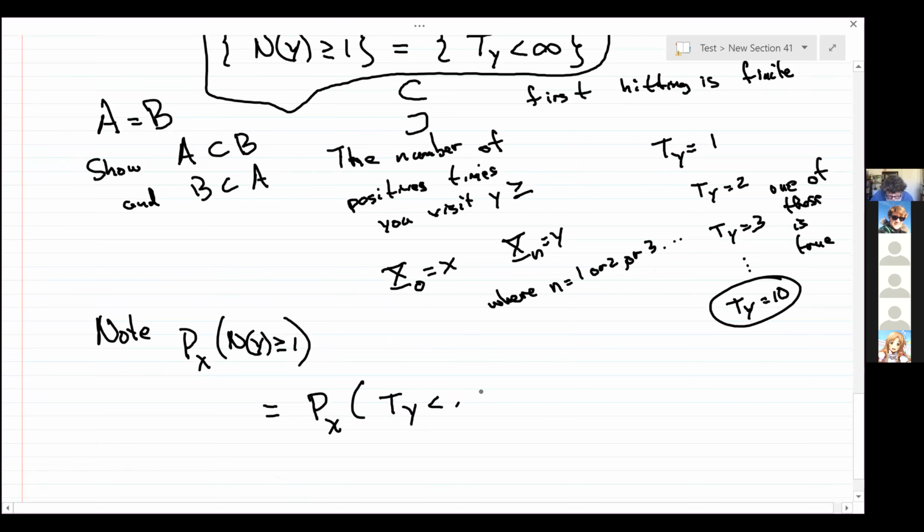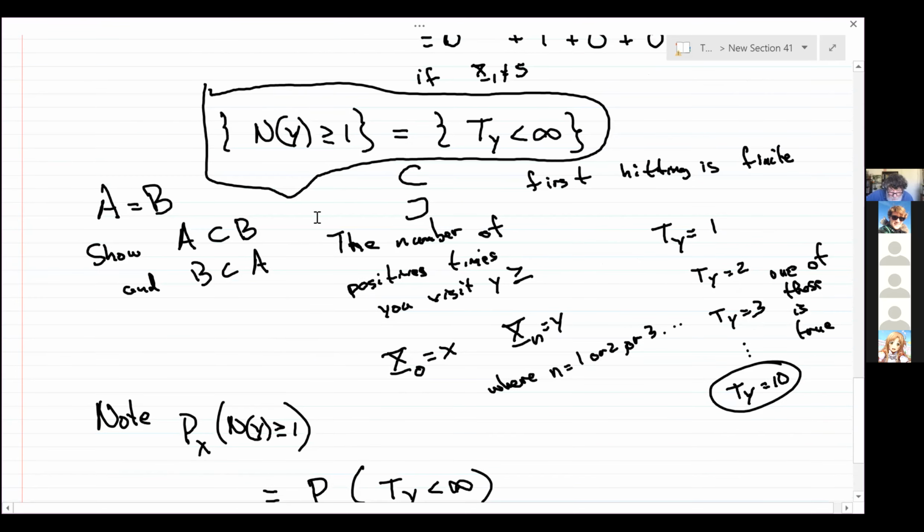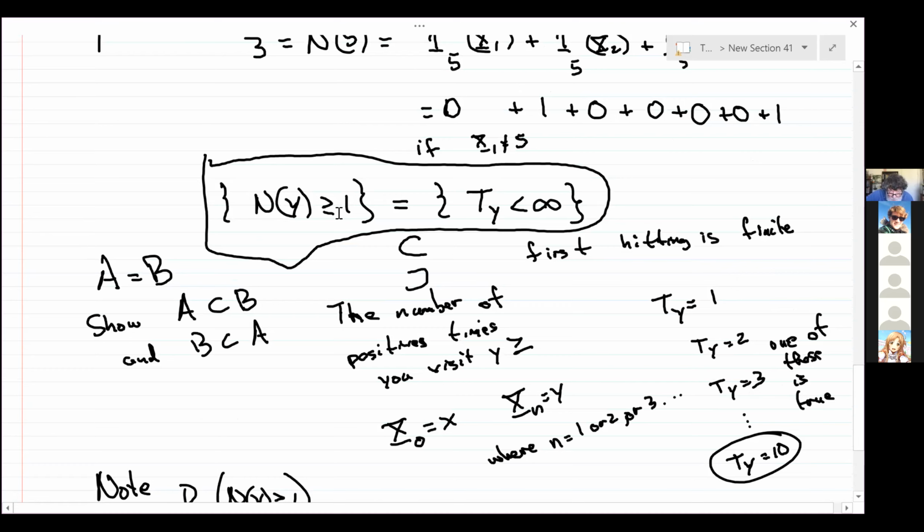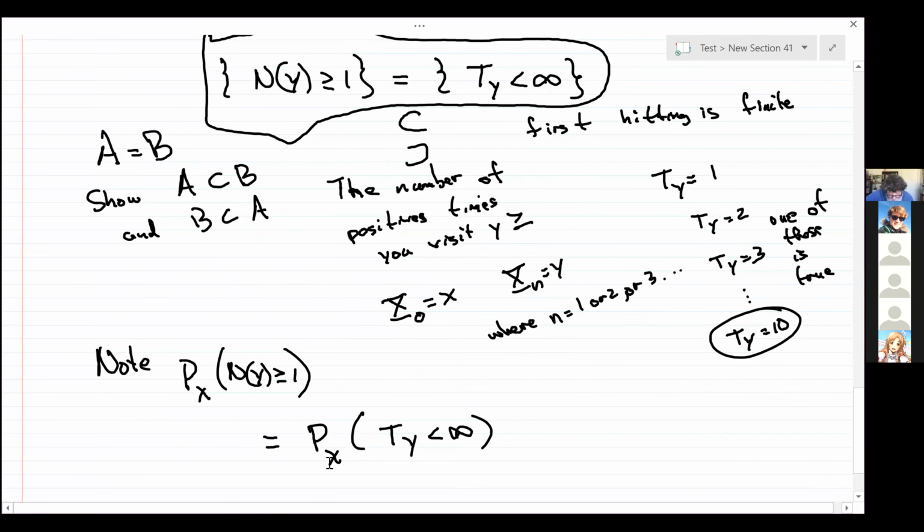Less than infinity. What am I doing? What's in the parentheses here? We already said that event, whenever that happens, is equivalent to this event. So I can replace it with this event. But this event is one we already know. This is what we define to be rho_xy, which is what? The probability of getting from X to Y eventually.